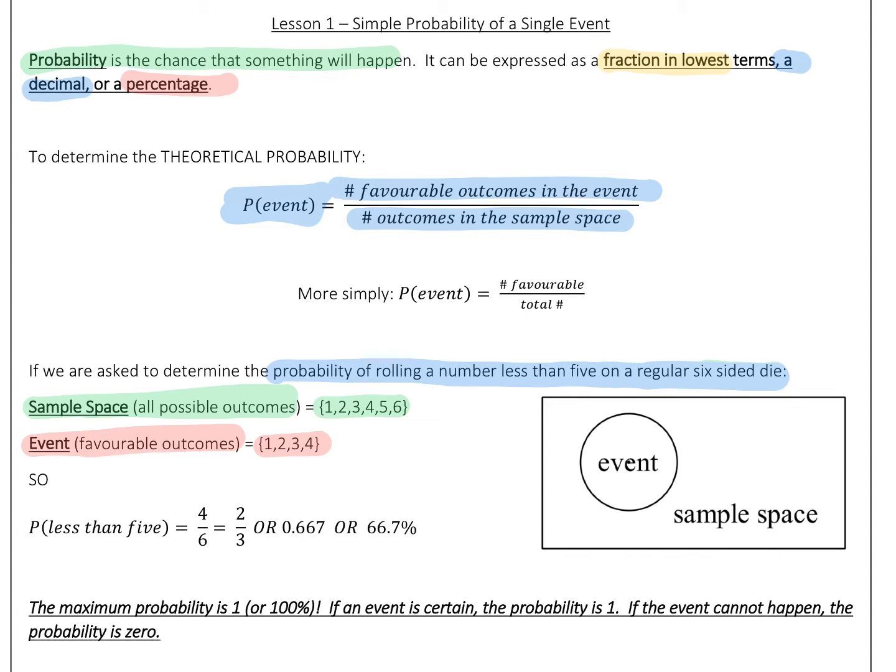So we write our probability statement. The probability of getting less than 5 is 4 out of 6, because there are 6 possible outcomes and 4 of them are less than 5. So we must give that as a reduced fraction, or as a decimal, or as a percentage. Okay, you can just multiply that decimal by 100. Those are all acceptable answers.